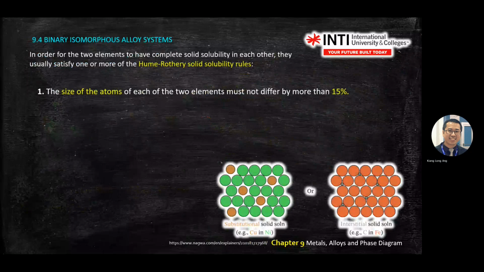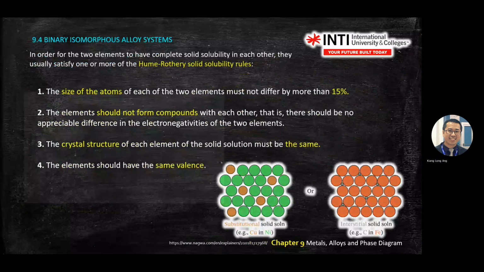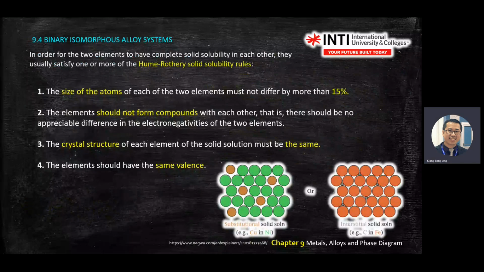Hume-Rothery rules. When you want to use these rules, you need to consider all this. This slide is important. When you need to use the solubility rules or do the strengthening, you put in substitutional or insertional. First, you look at the size of atom. It cannot be more than 15% different, meaning you compare the original atom, the host, and the alloying element.